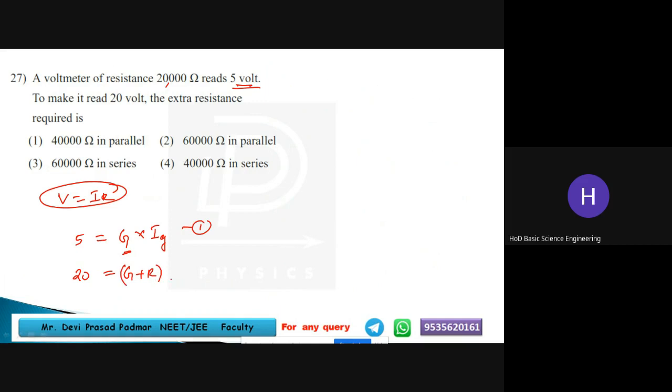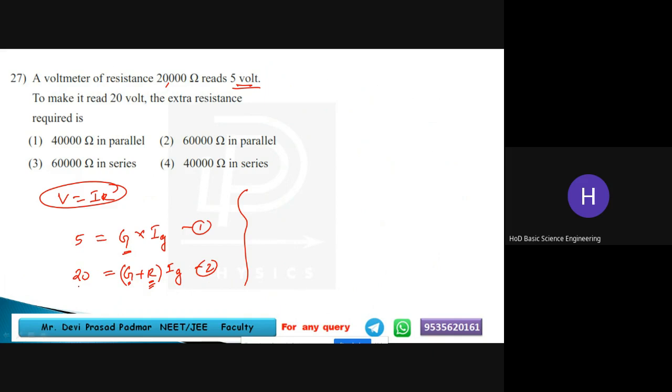So resistance has to be increased. Therefore, you have to connect that in series. So G plus R, that R value is what you need to calculate now, into Ig. You have to connect that R in series with this so that you can increase resistance.